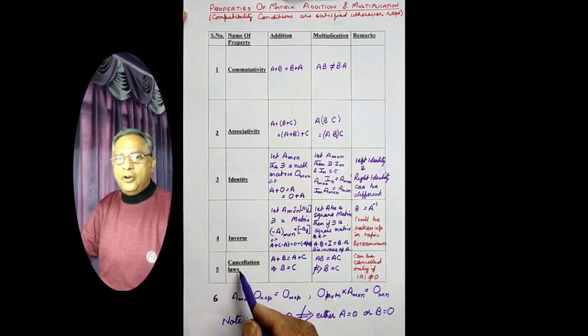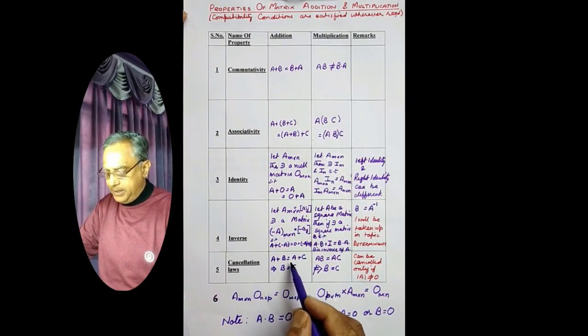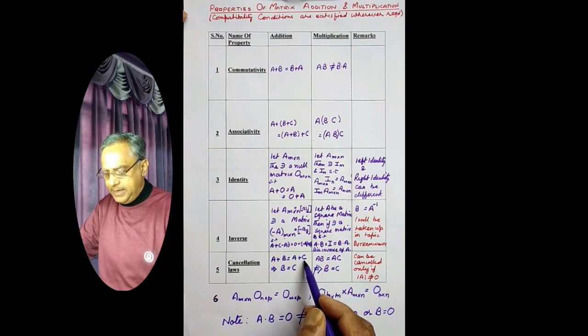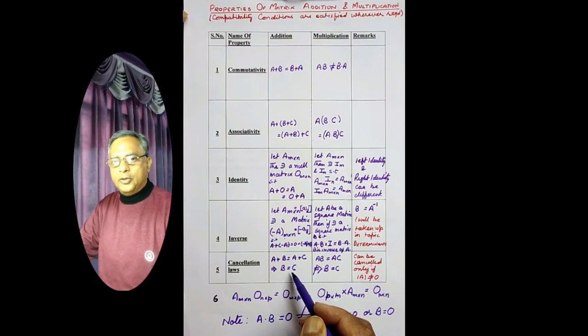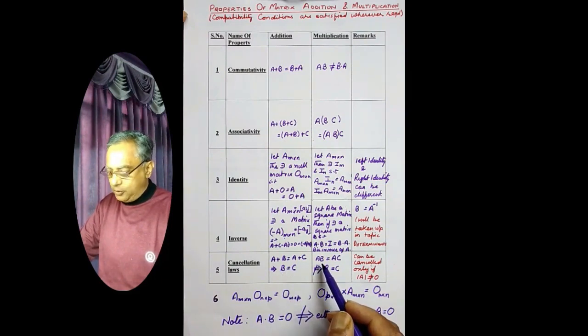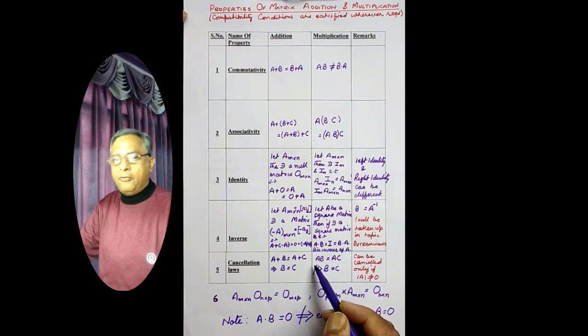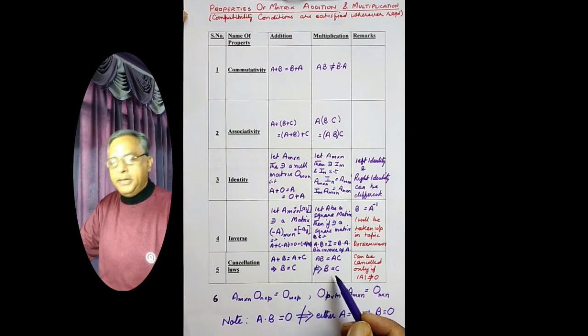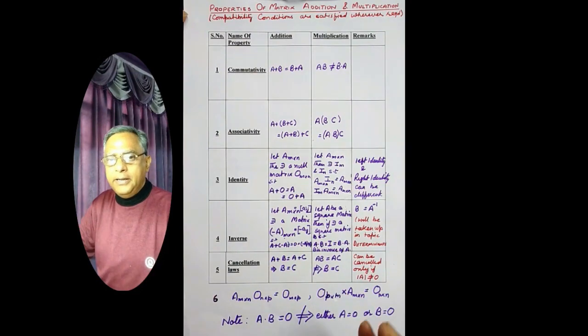Next are cancellation laws. Cancellation laws for addition: if A plus B is equal to A plus C, then you can cancel A from both sides and you will get B equal to C. So cancellation laws hold for matrix addition, but they do not hold for matrix multiplication. If A into B is equal to A into C, then you cannot cancel A from both sides and get B equal to C. This can only be done under a certain condition.